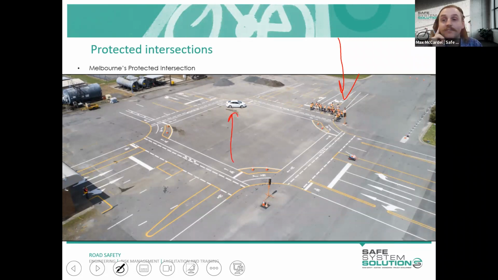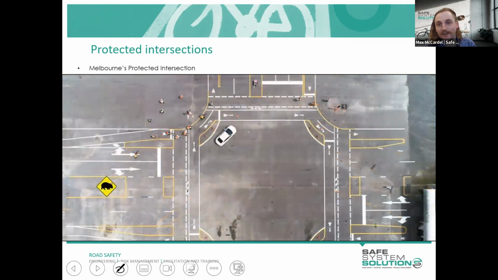And we'll also have a test vehicle there just to perform left turn maneuvers and heading straight through and things like that, just to really solidify their experience and gauge the level of risk associated with this design. So pretty clever way of getting people over the line: why don't you actually experience it before saying no? And it's just another aerial of how this came together. But yeah, just a pretty clever way to manage that risk.